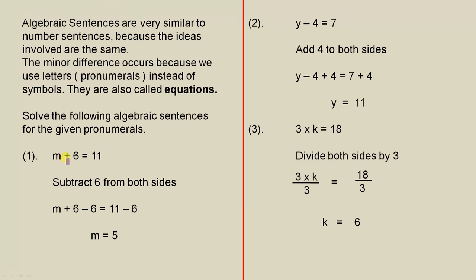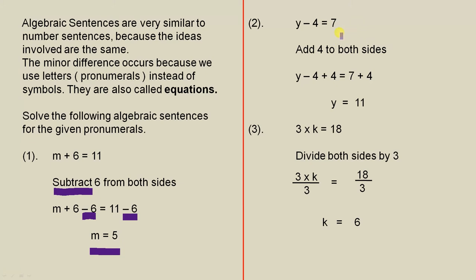Because that's a plus sign, you do the opposite operation. So subtract 6 from both sides, which we've done here. See? There and there. So the equation is still balanced because we've done the same thing to both sides. That simplifies to m, and 11 minus 6 is 5, so m equals 5.